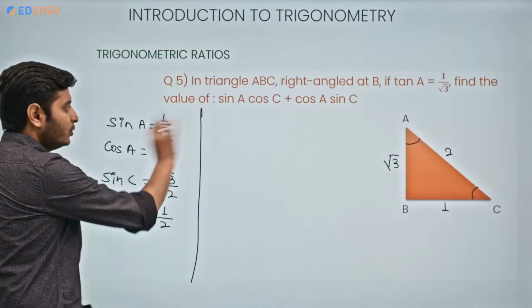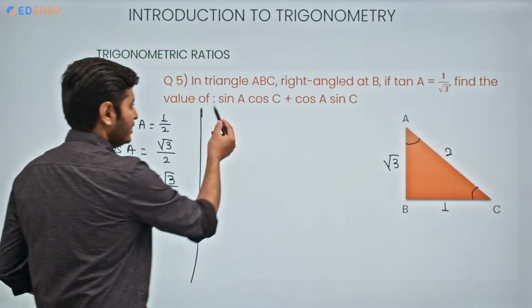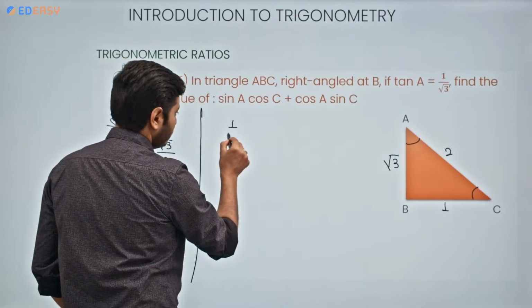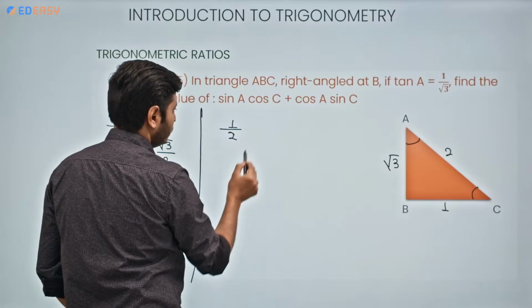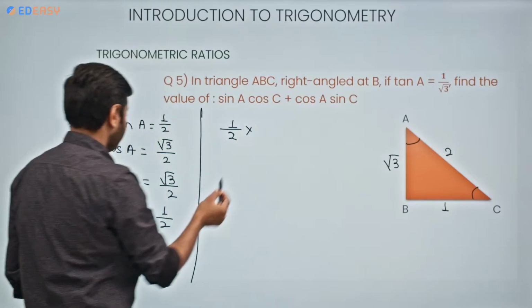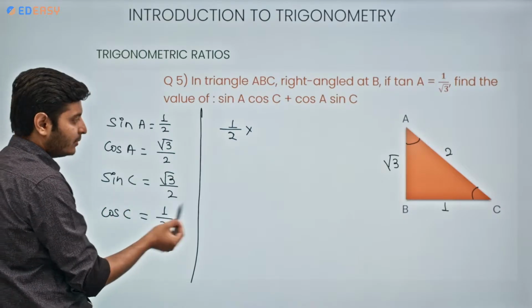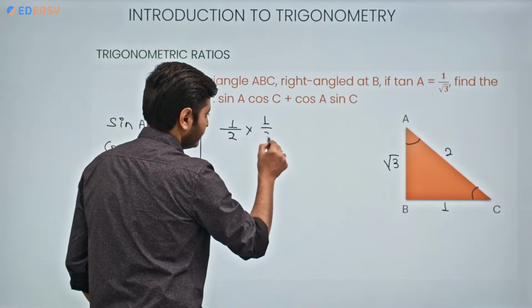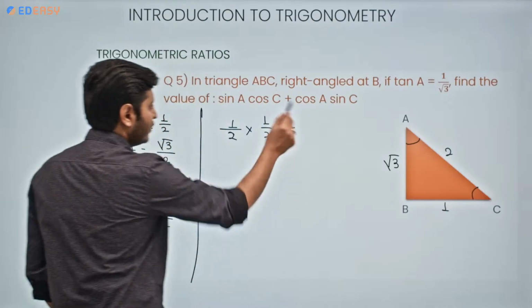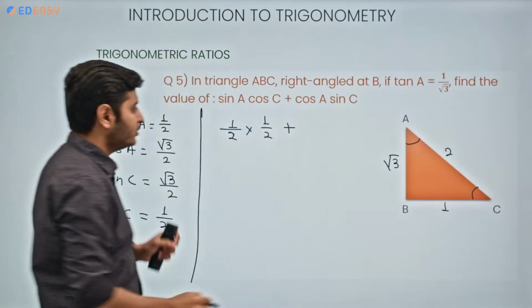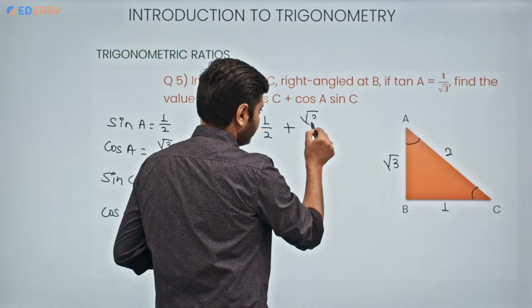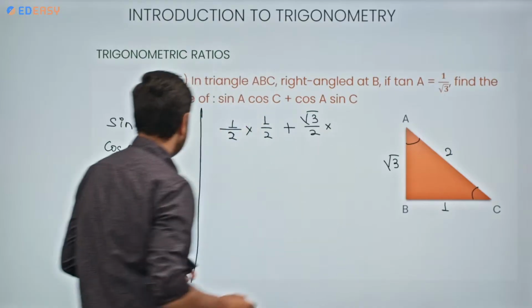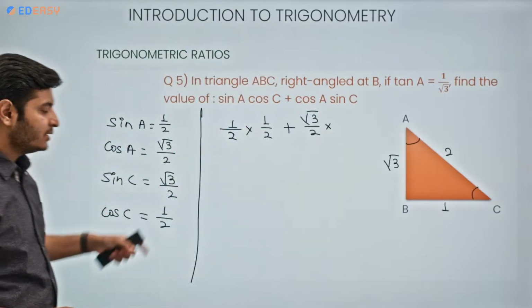Now, put them in the expression. Sin A means 1 by 2 into cos C. Cos C is this 1 by 2 plus cos A. Cos A is root 3 by 2 into sin C. Sin C is root 3 by 2.